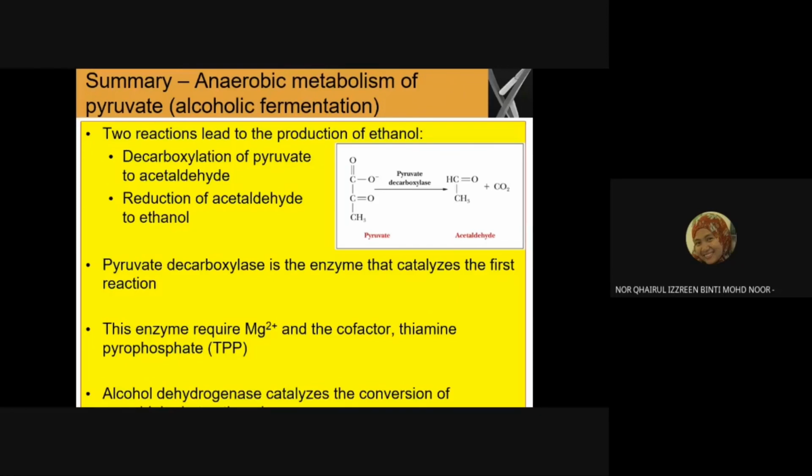Pyruvate decarboxylase is the enzyme that catalyzes the first reaction, and it requires Mg2 plus and the cofactor TPP. In the second reaction, alcohol dehydrogenase catalyzes the conversion of acetaldehyde to ethanol.